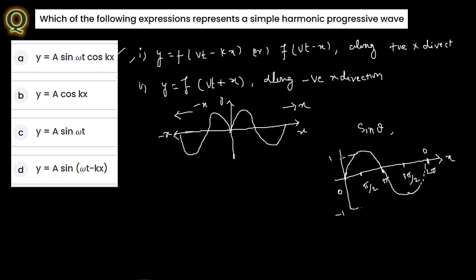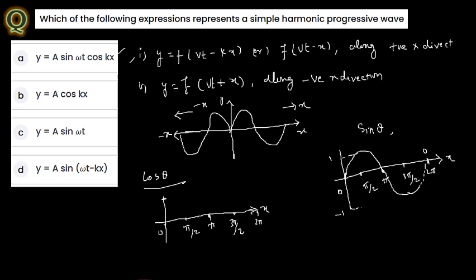Similarly, this is the cos theta wave. Along the positive x direction, this is 0, then pi by 2, 2 pi by 2, 3 pi by 2, and 4 pi by 2, that is 2 pi. Now what is cos 0?